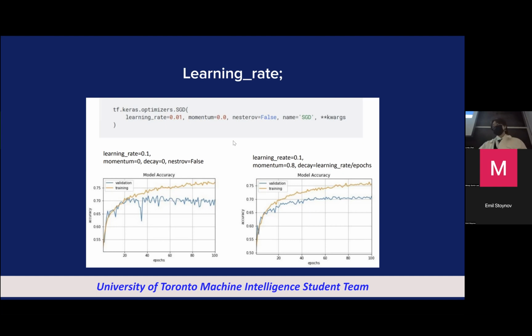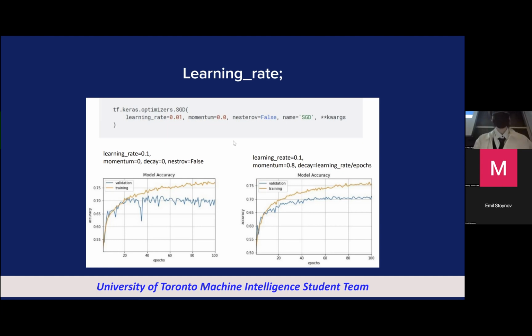But in the next lecture, before I go to CNN, I'll talk about a few really commonly used advanced optimizers. The most commonly used ones are stochastic gradient descent and Adam.